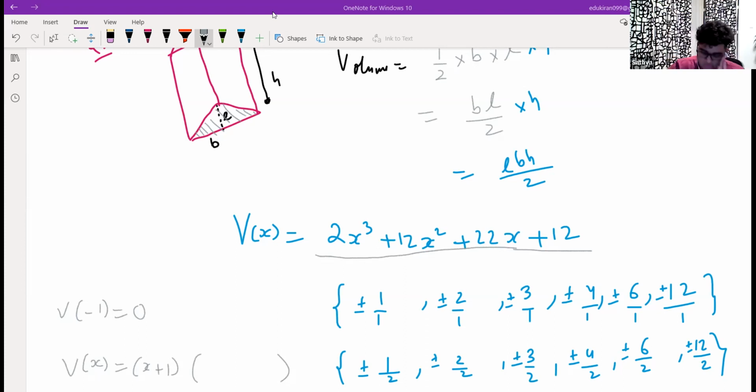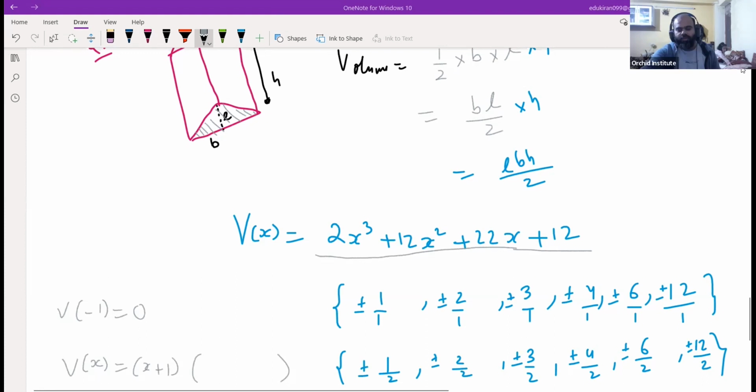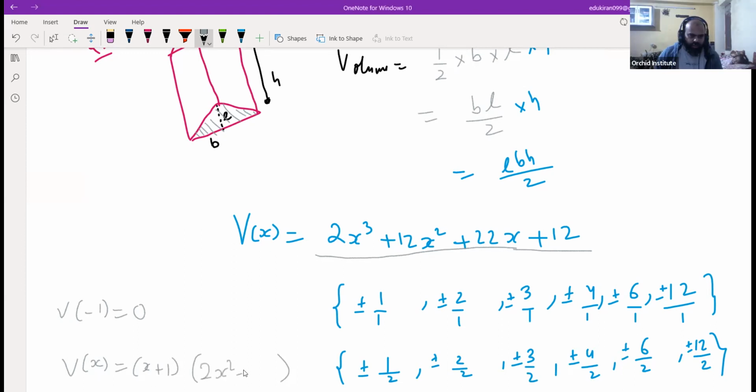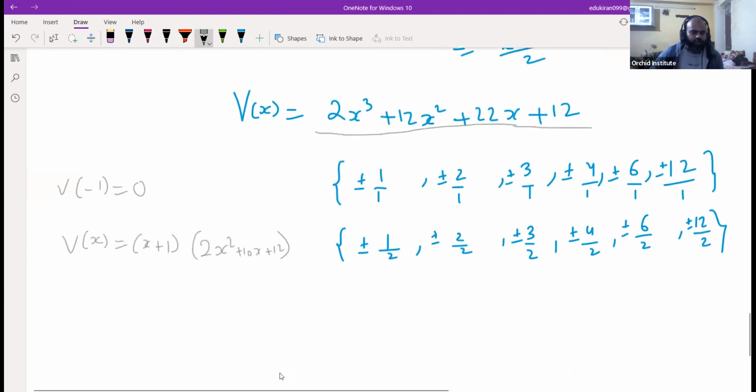So 2x squared plus 10x plus 12. It will give you 2x cubed plus 2x squared plus 10x squared plus 10x plus 12x plus 12. Fine.